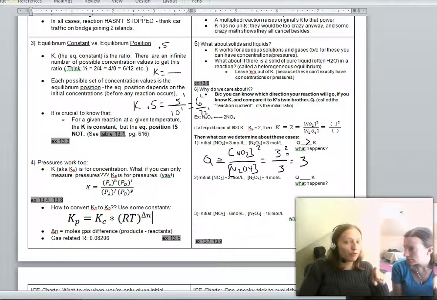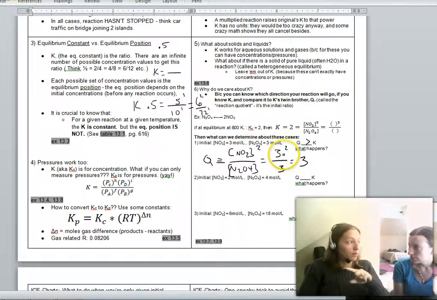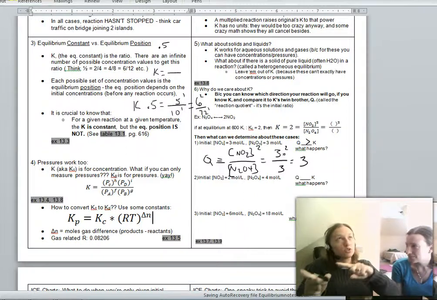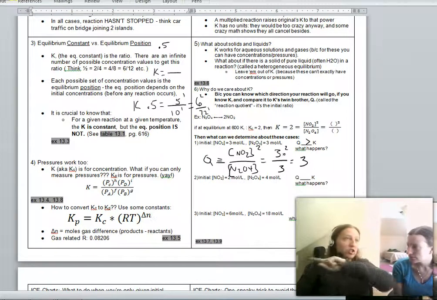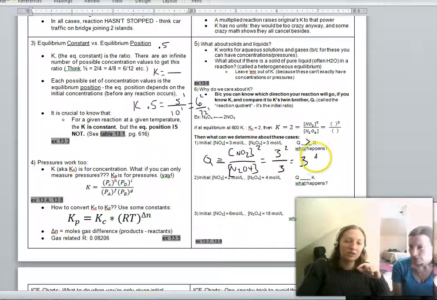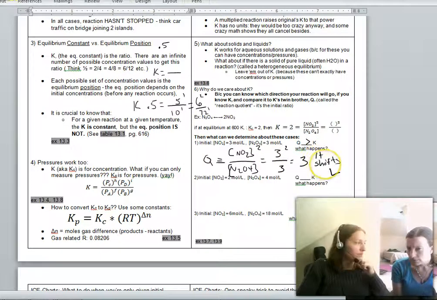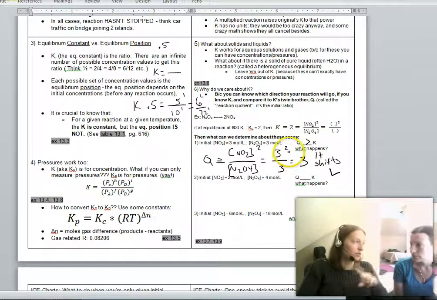So in order to get from the situation represented by Q to the situation represented by K, it is going to move so that there will be fewer products, going from the products to the reactants. That's shifting left. So in a situation in which Q is greater than K, your top is too big. To fix that, it goes left.